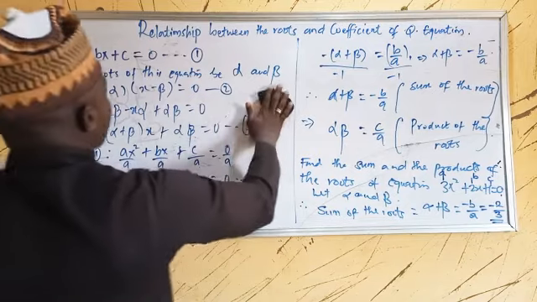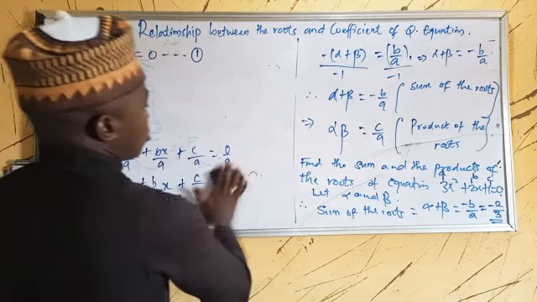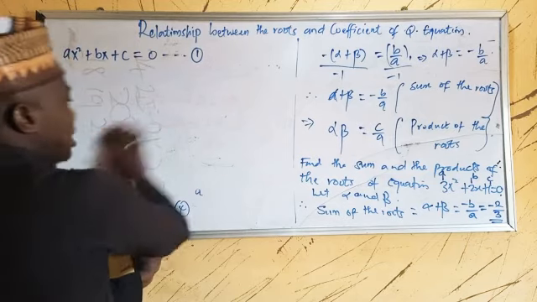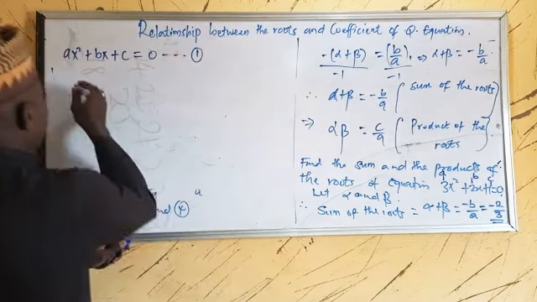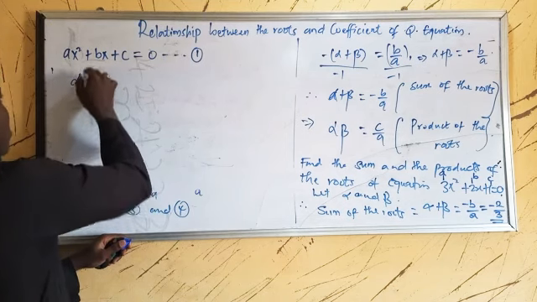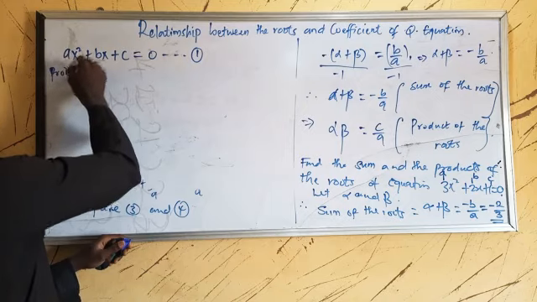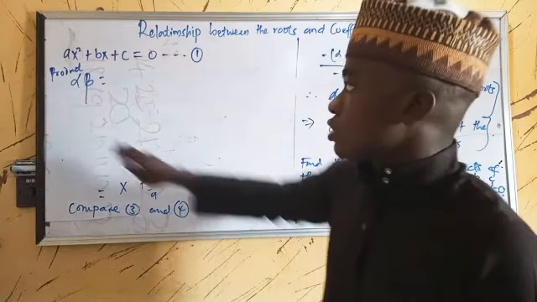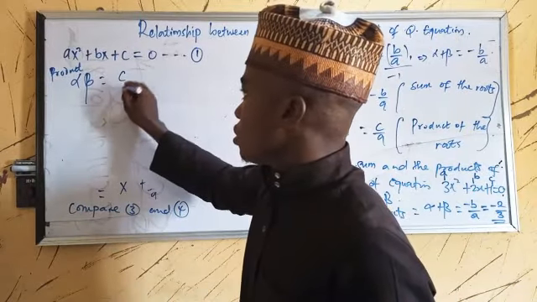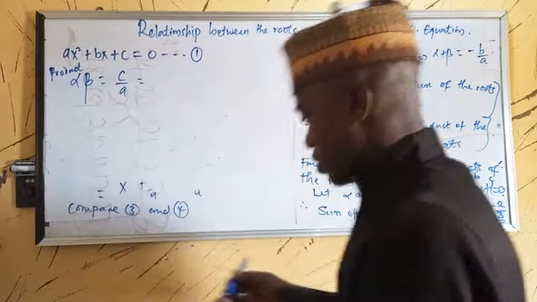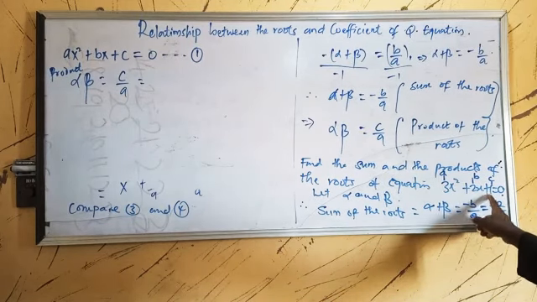Now, to get the product of the roots, we apply a similar approach. Alpha beta is the product. The product of the roots, alpha beta, equals C over A. So from here we need our C. My C here is 1 and A is 3.